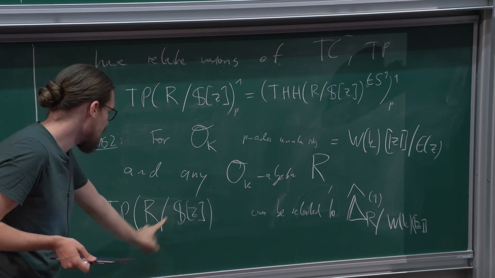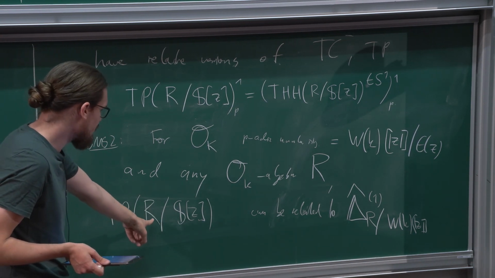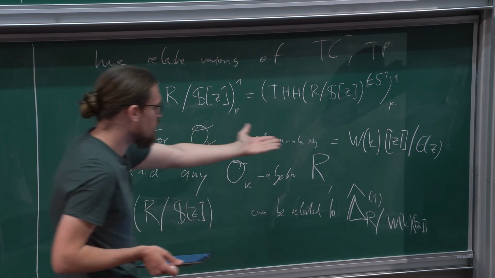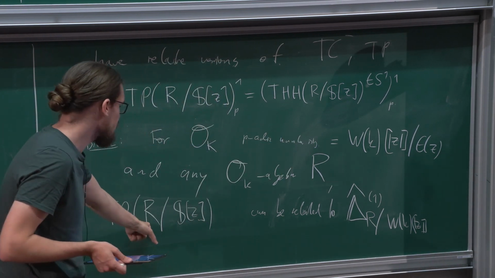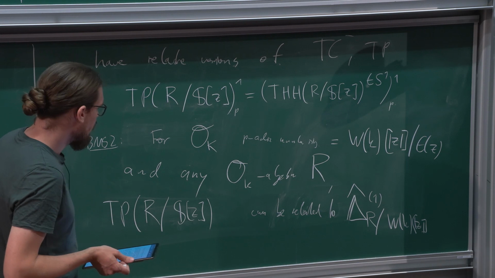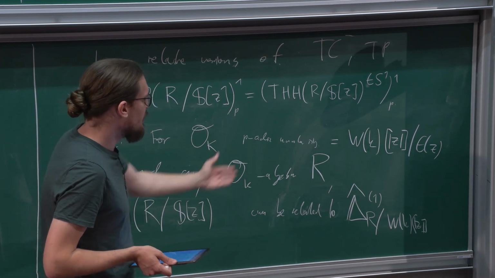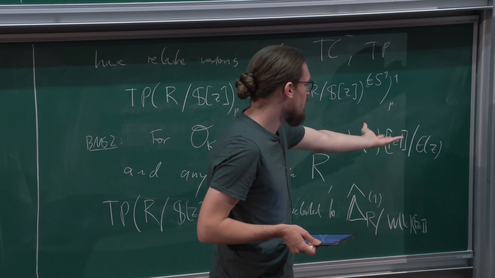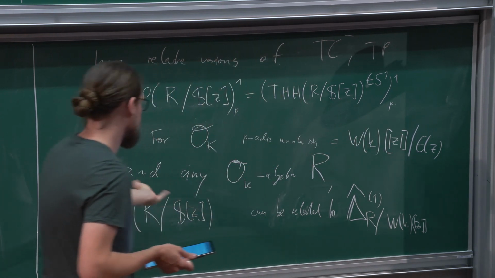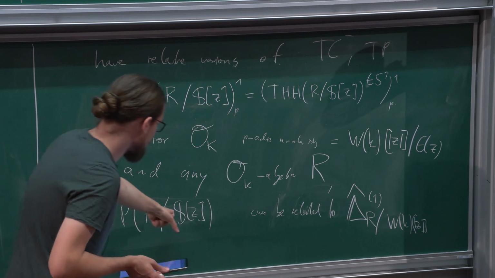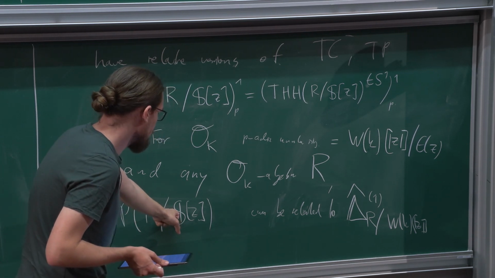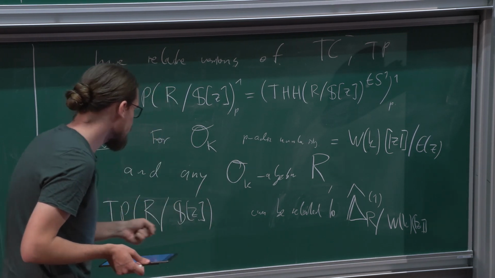So I have to choose an element, and there are many examples of R where that already determines everything. For example, if R is of the form O_K itself, then if I specify some map that takes Z to a uniformizer, then I also know about the ideal generated by the Eisenstein polynomial, right? It's just the kernel, at least if I replace the Z_p here by some Witt vectors.